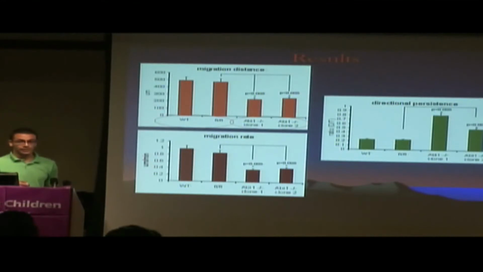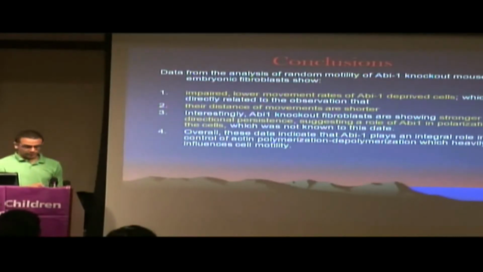Our results were interesting. So for migration distance, the normal cells that had the ABI1 protein, for migration distance and rate were both much higher than the knockout cells that didn't have the ABI1 protein. However, for directional persistence, the ABI1 knockout cells had a much higher directional persistence than the normal cells that were completely fine.